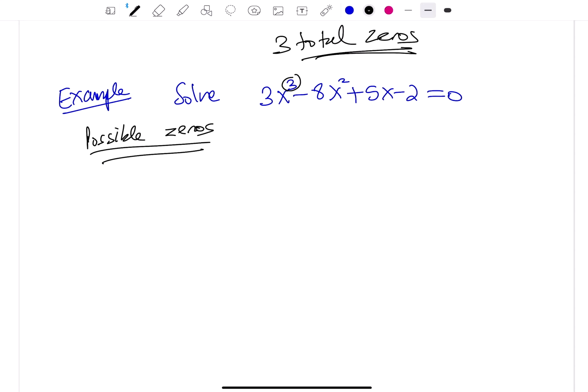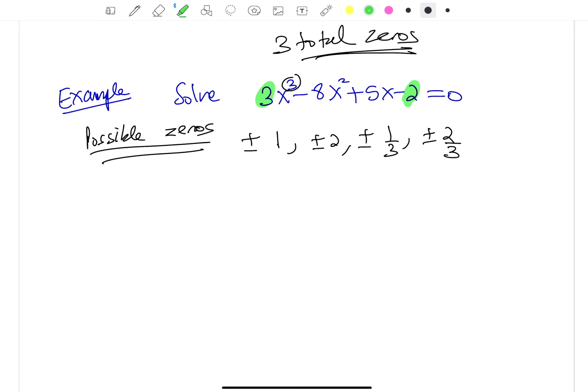So if we do synthetic division with one number, that number could be again a 0. So we can redo synthetic division with the same number. Possible zeros will be plus minus 1, plus minus 2, plus minus 1/3, plus minus 2/3, where P is a factor of the constant term, Q is a factor of the leading term.